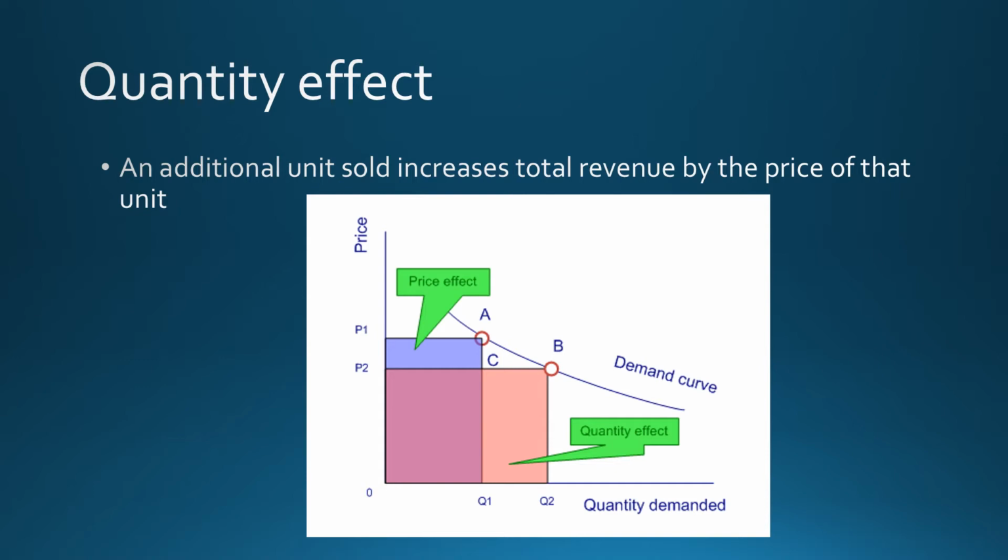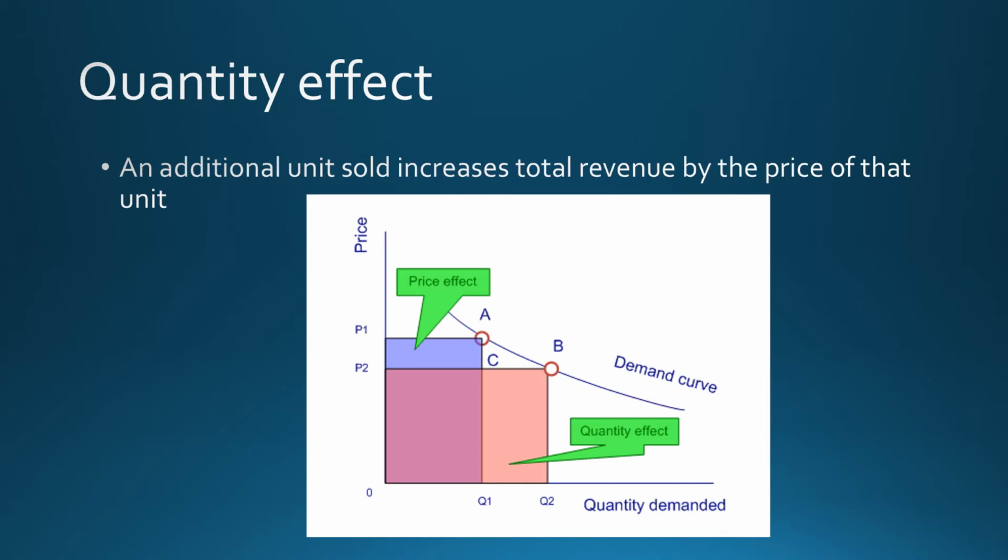We have the price of that unit times the additional quantity sold: the price at B, P2, times the increase in quantity between Q1 and Q2. That equals our quantity effect. So the quantity effect implies that a lower price will increase total revenue, because that lower price leads to an increase in quantity sold.